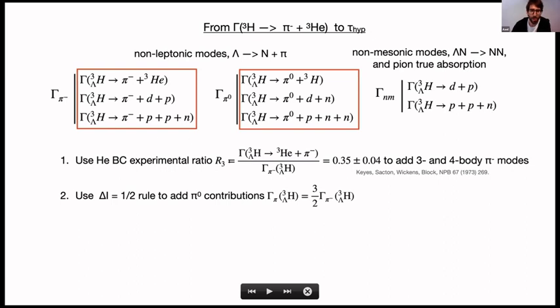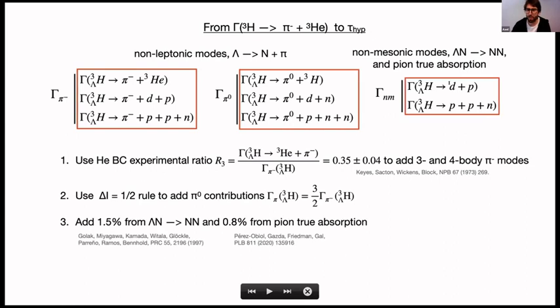Then we just multiply by 1.5 through this experimentally well-established isospin 1/2 rule. And then the non-mesonic modes were estimated to be about 1.5%, and the pion absorption about 0.8%.